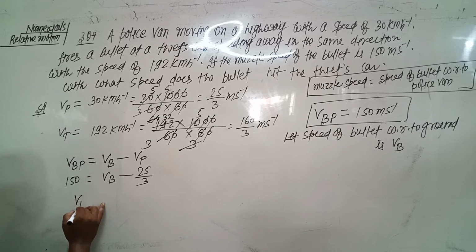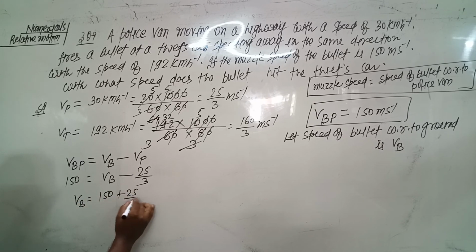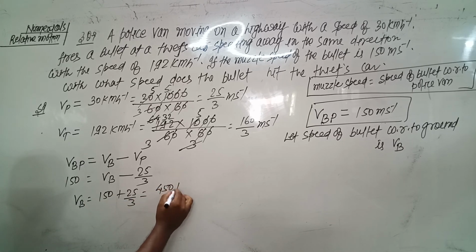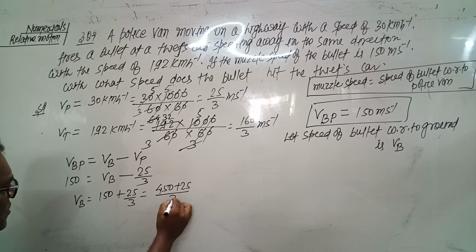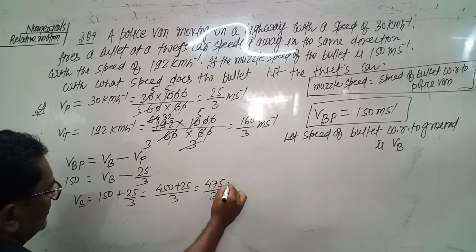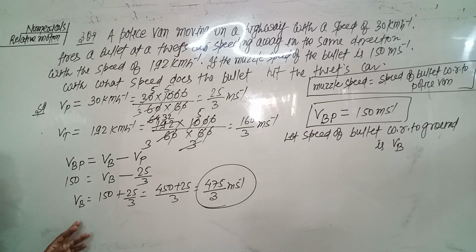So VB equals 150 plus 25 by 3. This is 450 plus 25 upon 3, which is 475 by 3 meter per second. So we have calculated the speed of bullet with respect to the ground.